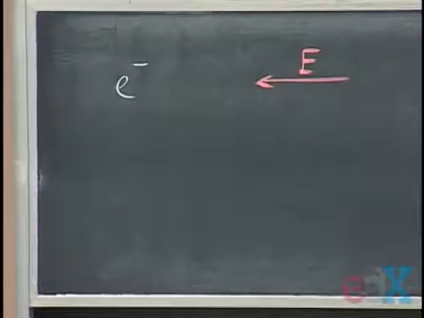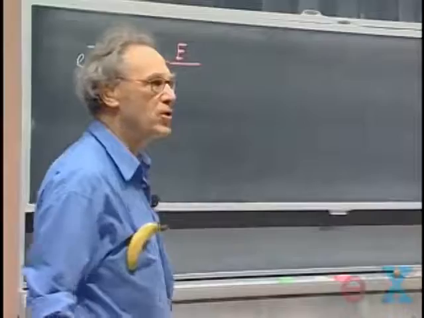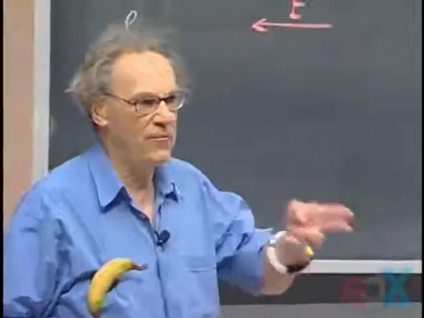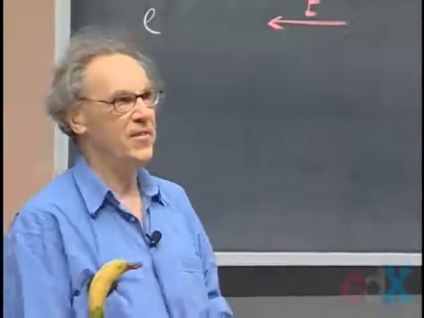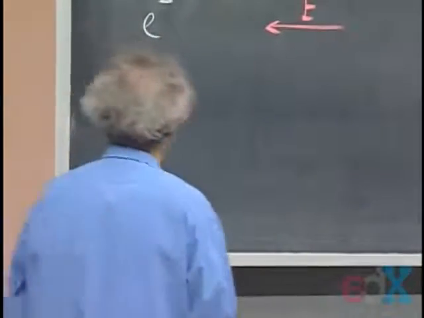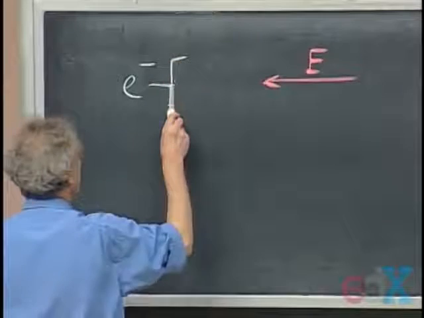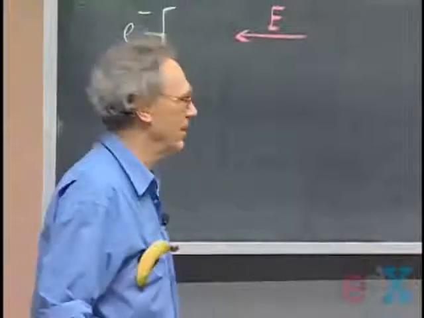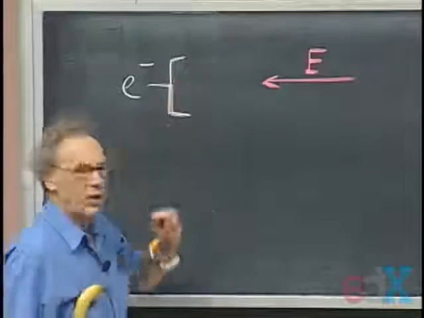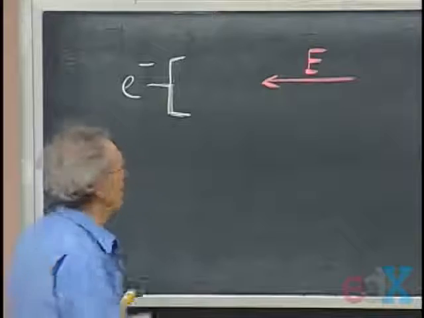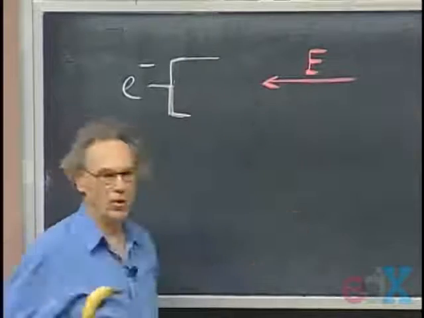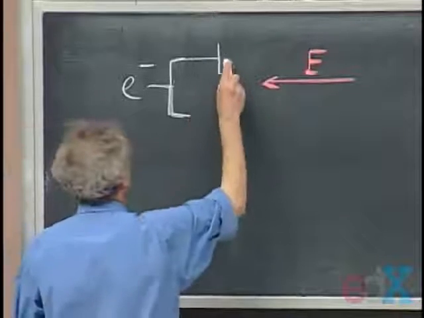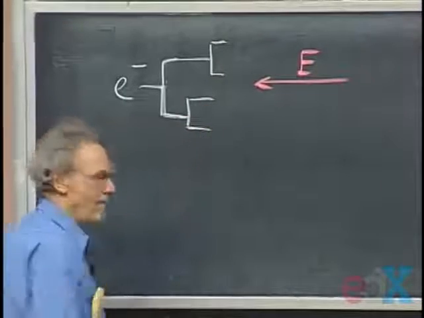The electron will collide with nitrogen and oxygen molecules in the air, and if the electron has enough kinetic energy to ionize that molecule, then one electron will become two electrons, the original electron plus the electron from the ion. And if these now start to accelerate in this electric field, and if they collide with the molecules, and if they make an ion, then each one will become two electrons, and so you get an avalanche.